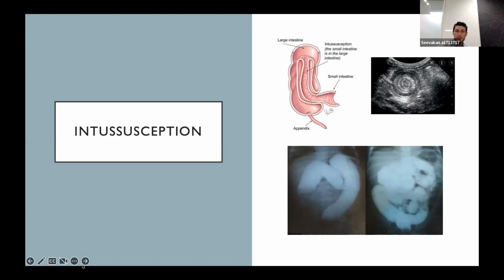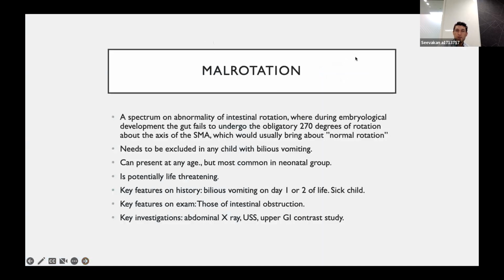Righty, that's intussusception. Malrotation. You guys don't need to know too much about this, except that it is bad. Okay. Malrotation kills children, and so it's something that we just cannot miss. So malrotation is essentially a spectrum of abnormalities where there's an embryological failure of the gut to undergo the proper rotation, which means that the gut ends up in a malrotated position.